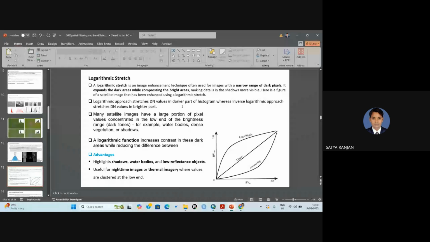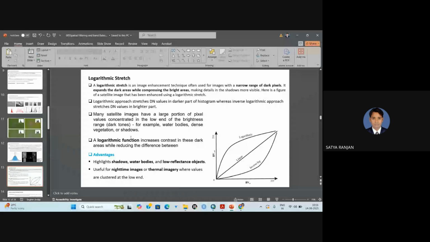So it generally enhances the middle intensity range, from 80 to 150, of the pixel information, and it is also called the bell curve. The Gaussian normal distribution is also called the bell curve.